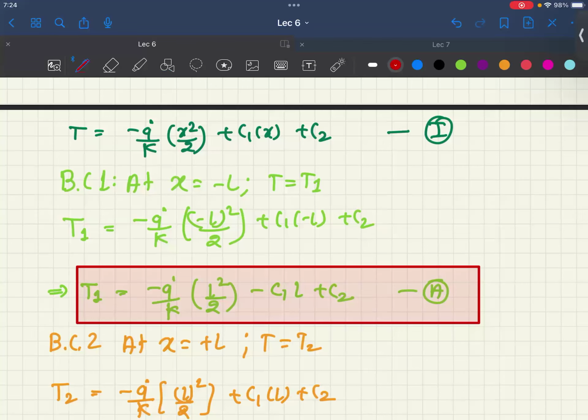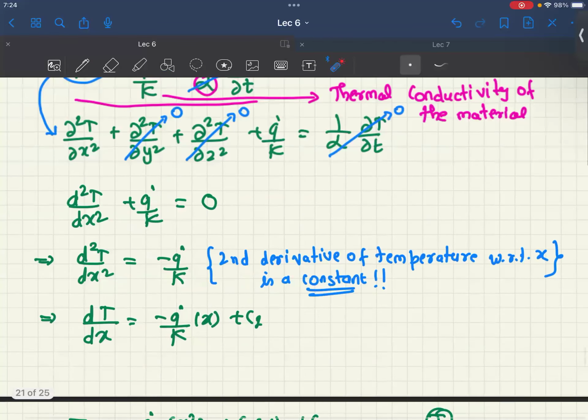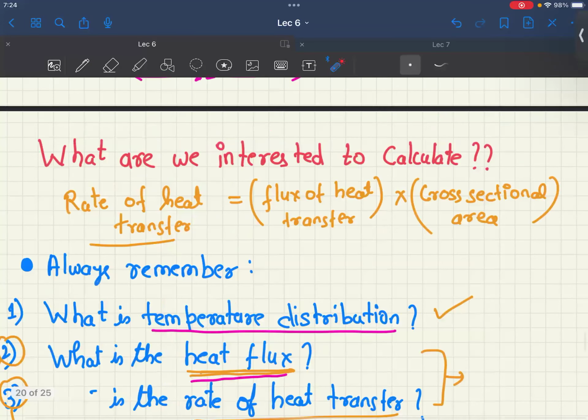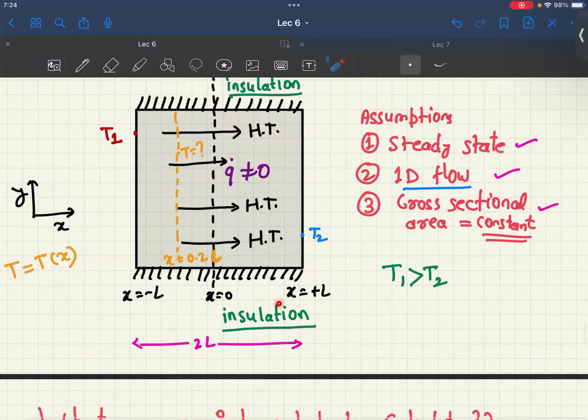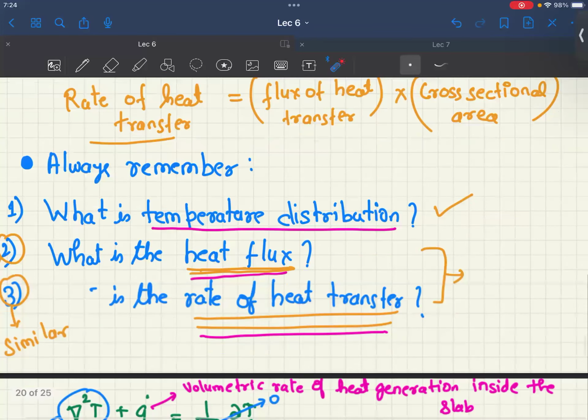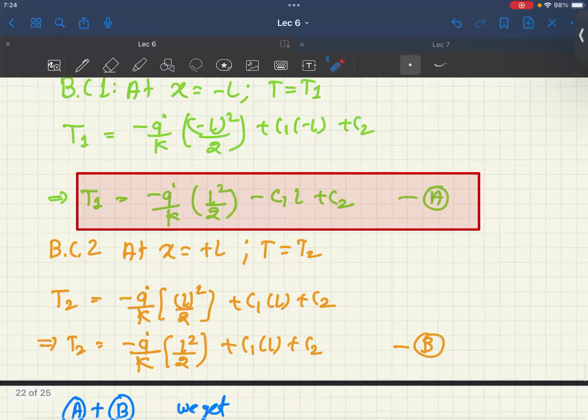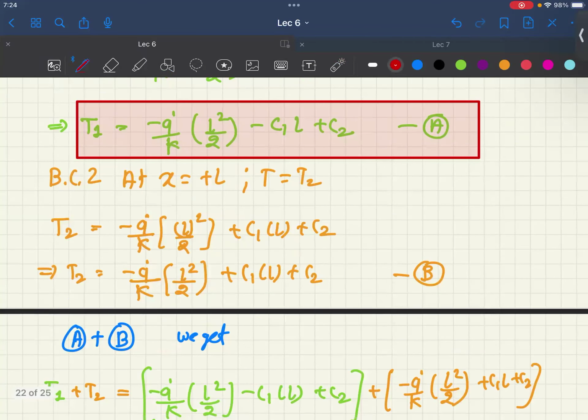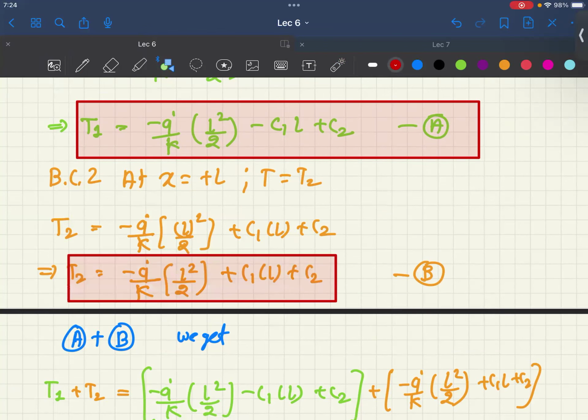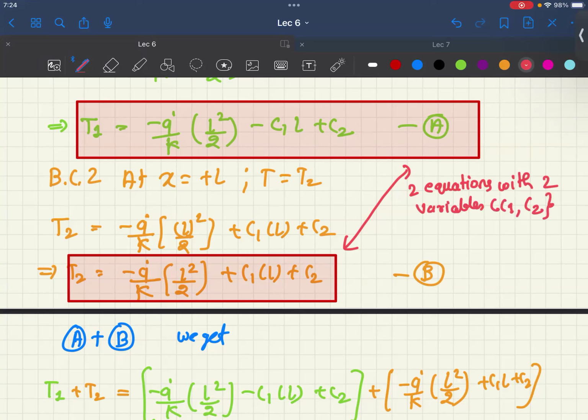Now the second boundary condition, which is temperature at x equal to plus L being T2, right? So we just put the value of T as T2 and x as plus L, and we end up with this expression. So now we have two equations with two variables, which are C1 and C2.